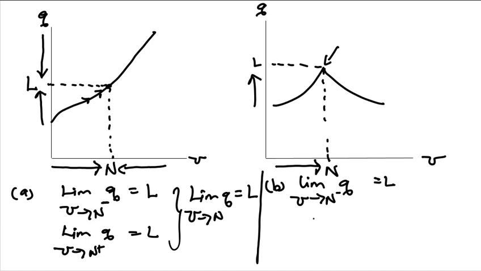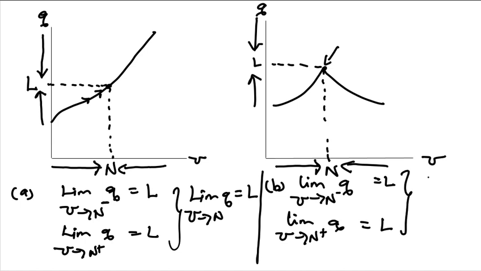And what about if we check it from the right hand side? As v approaches n from the right hand side, which is here, then this one going here, isn't it? So the limit of q as v approaches n from the right hand side is also L, isn't it? So what can you say here?